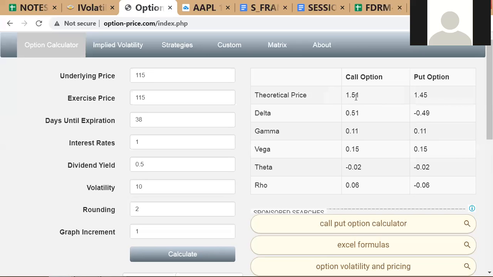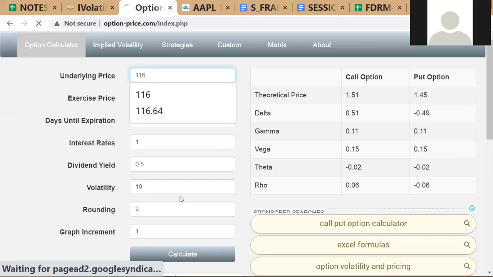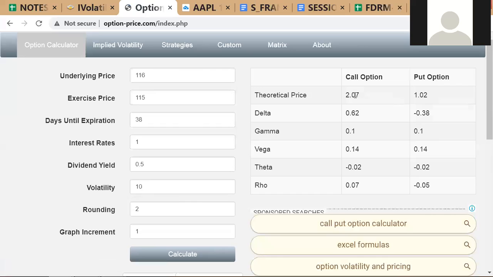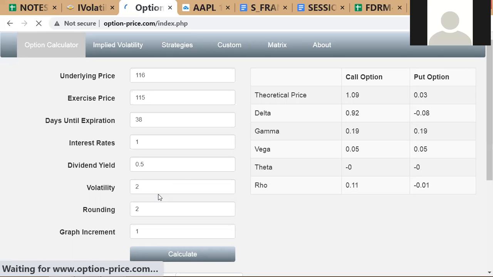After you bought it, if nothing happens to the vol and the price goes to 116, you're making money on your call option because you bought at 1.51. Now it's 2.07, so you're jumping up and down and enjoying yourself. But then this does not change, but the I-Vol number suddenly goes from 10 to 2, let's say. What happens to the option price?